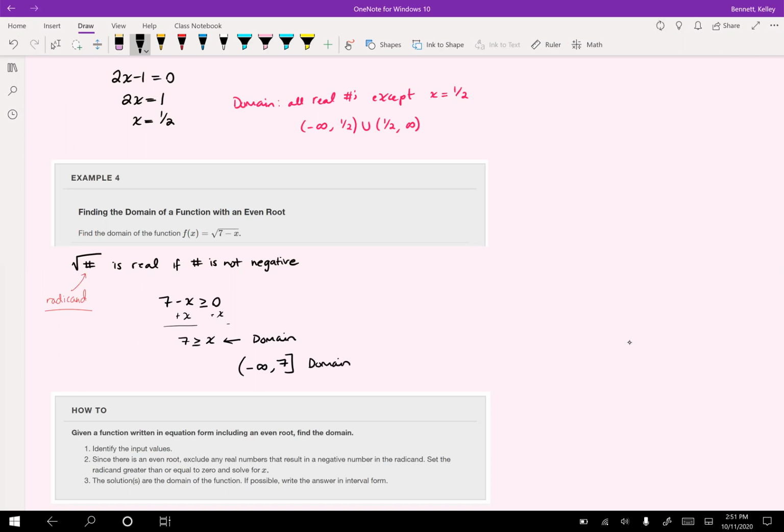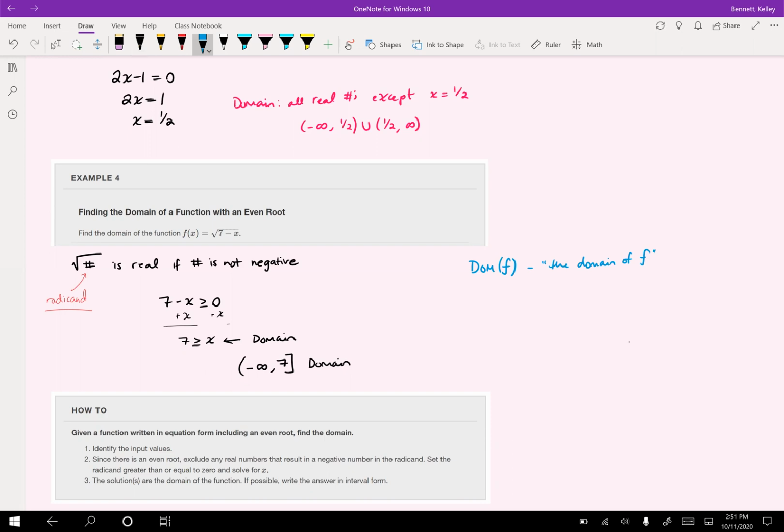Let's talk about notation a little bit. If I say dom of f, this means the domain of f.